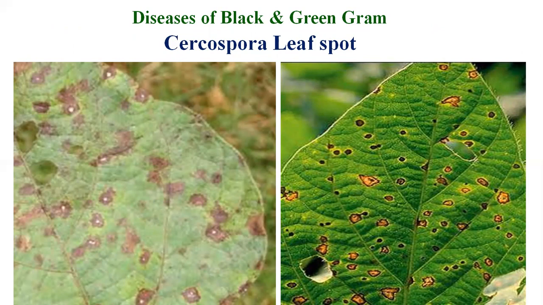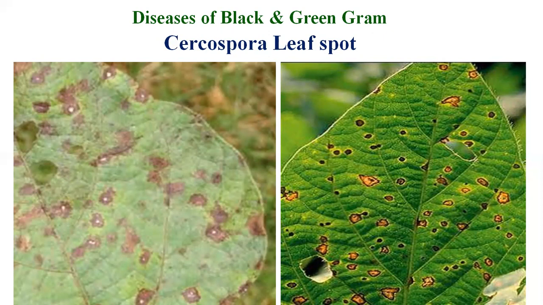Cercospora canescens is heavily effective in the month of July, in the rainy season when humidity is more. Alternaria also causes heavy destructive losses in vegetables, and Cercospora in pulses, oil seeds, and other crops.